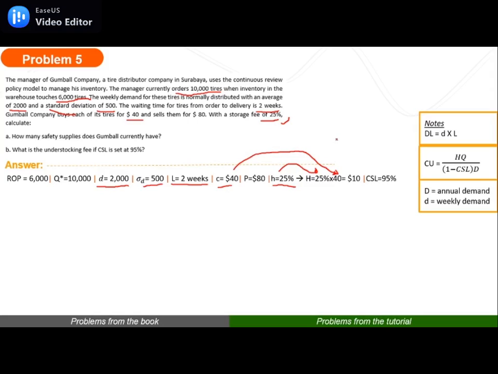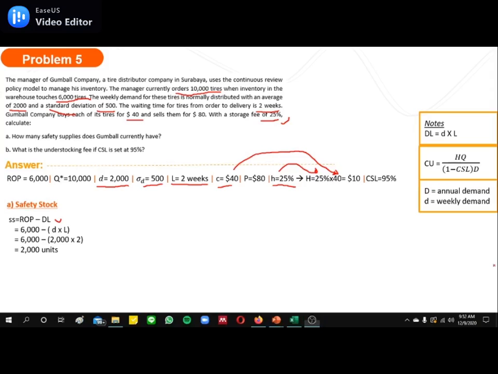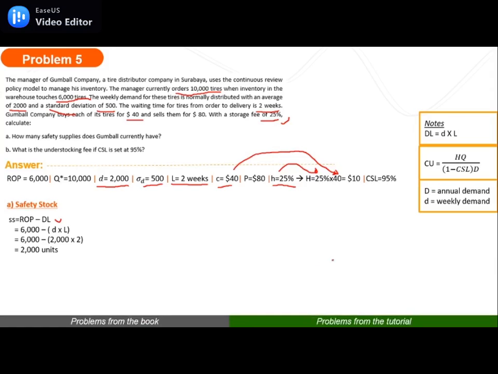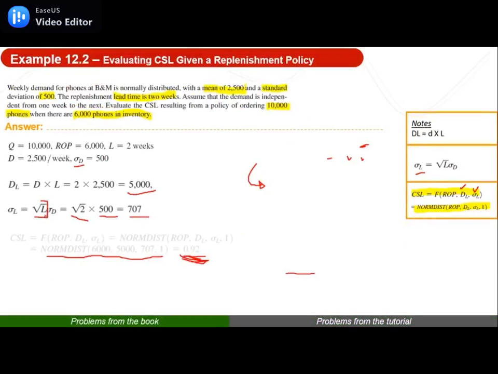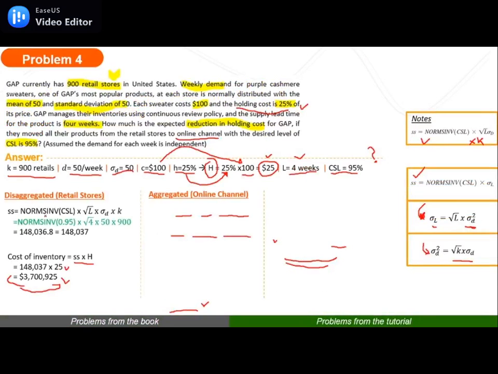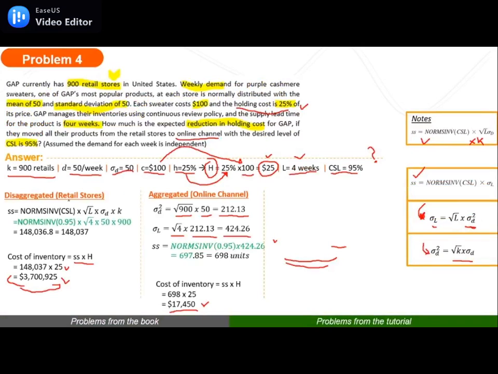That is 25% times 40, and we get $10. So for the safety stock, we can use the formula here, ROP minus DL, because in this problem we already know the reorder point, then we can use this formula, unlike the previous problem when we had to use Microsoft Excel like in here.